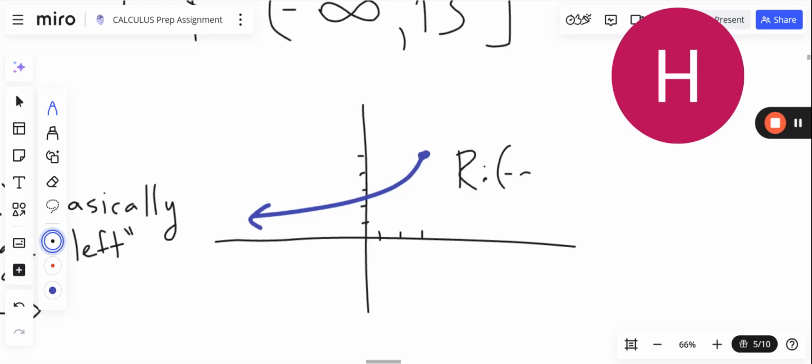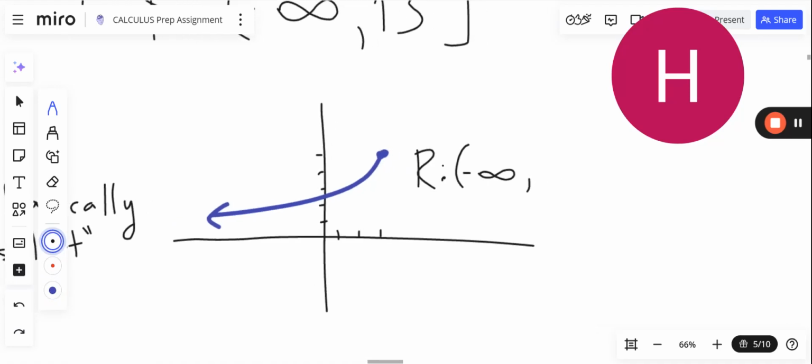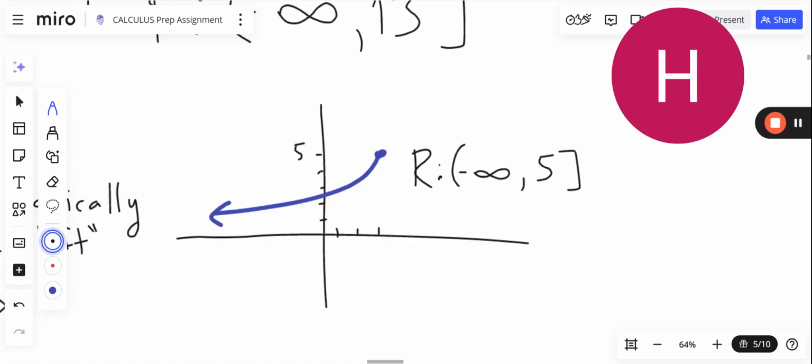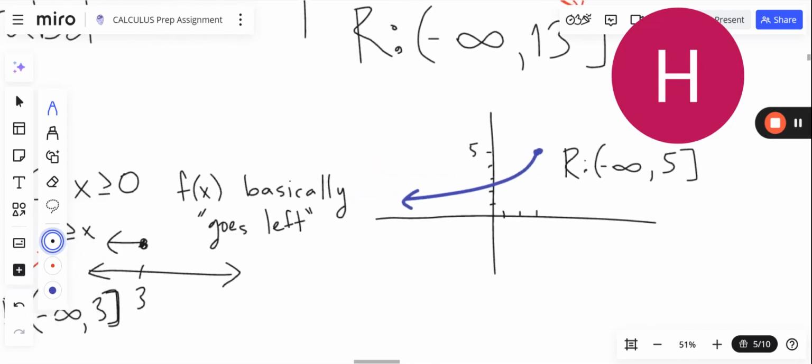From the lowest, it's going to hit negative infinity. Well, it's not going to hit it, but you get what I mean. It's going towards it. Even though it looks like it's going flat, at some point it's going to keep going down so far, further than anything else. It's never going to stop going down. And the highest point that it reaches, and it does reach it, so it has a bracket, is 5. And so there's our range. There's our graph, and there's our range.